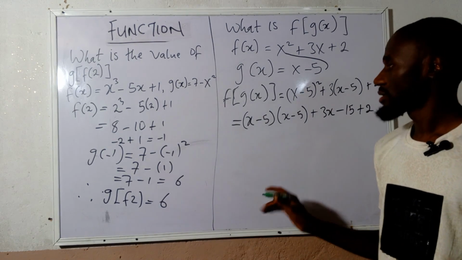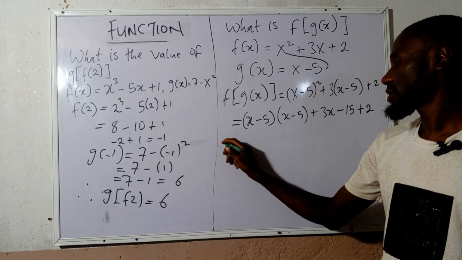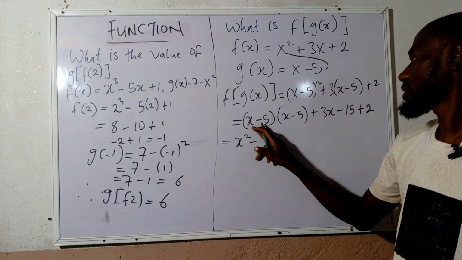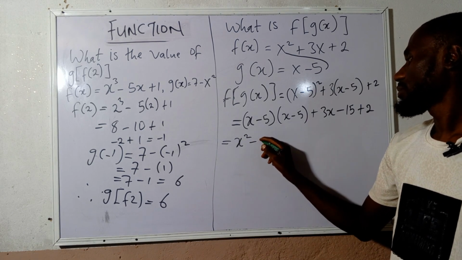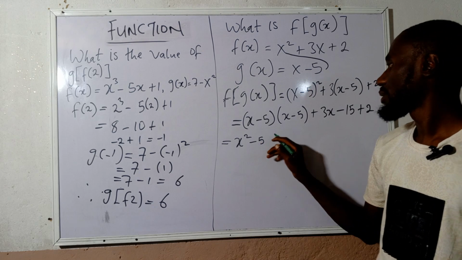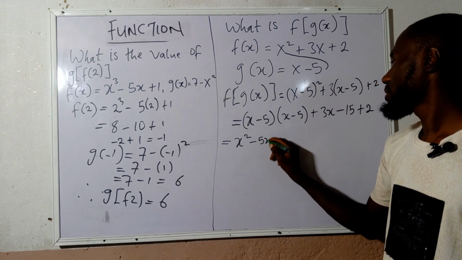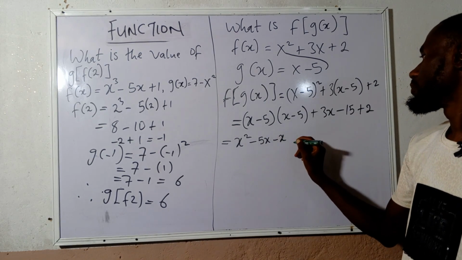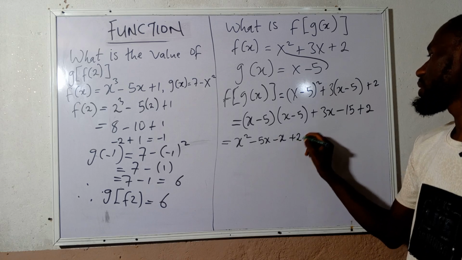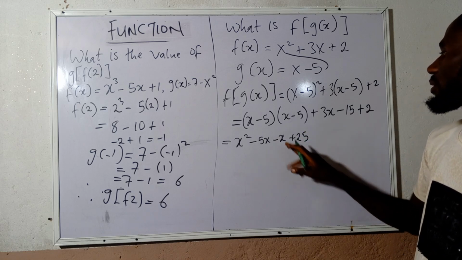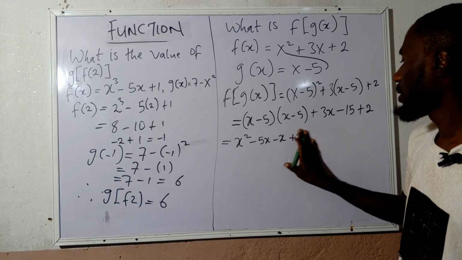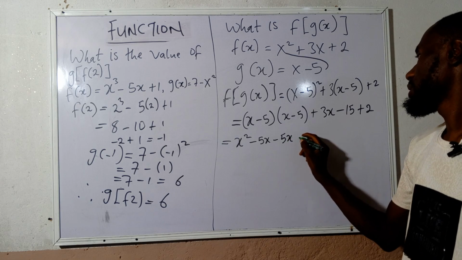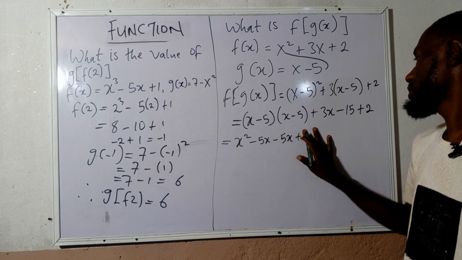Let's remove the bracket here. We have x times x here is equal to x squared, minus x times 5, we have minus 5x, minus 5x, plus 25.